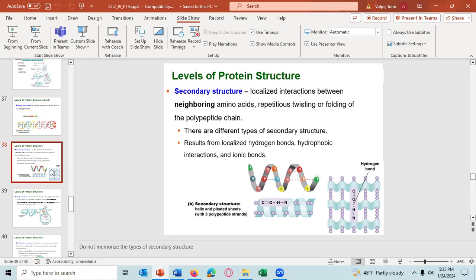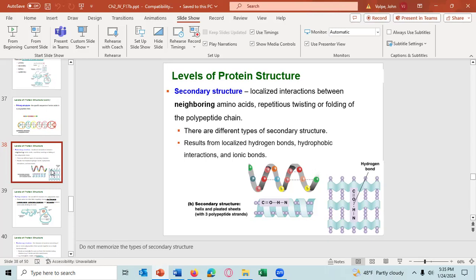And oftentimes, websites on the internet, and maybe your book as well, say that the main interaction for a secondary structure is only hydrogen bonds. And they say that the secondary structure happens because of hydrogen bonds.